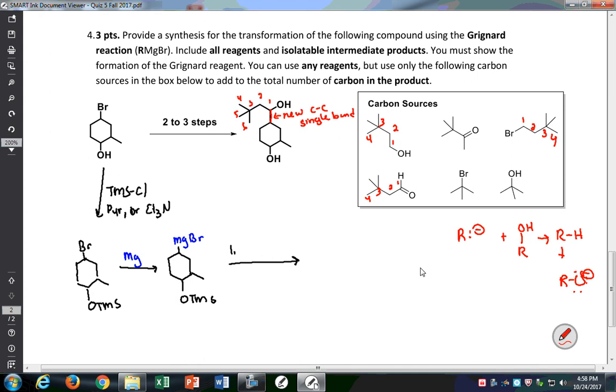And a couple of you protected the other alcohol and then threw in an alcohol. So think about what you're doing. You're protecting the alcohol because the Grignard reacts with an alcohol. So you can't react it with an alcohol because it's not going to give you the reaction you're trying to do in the first place. So don't just memorize, oh, if I have an alcohol, I have to protect it. Understand why. So this is not our carbon source.